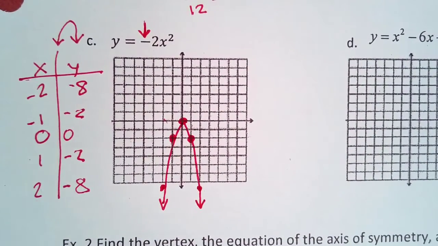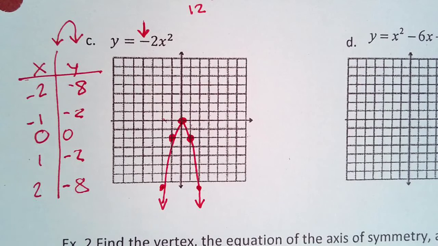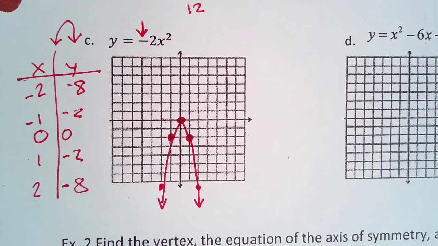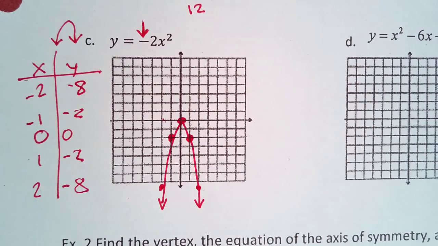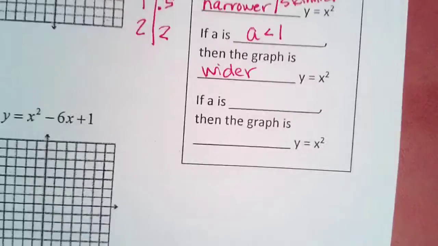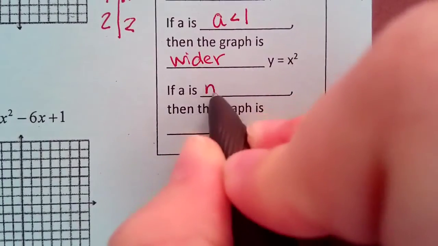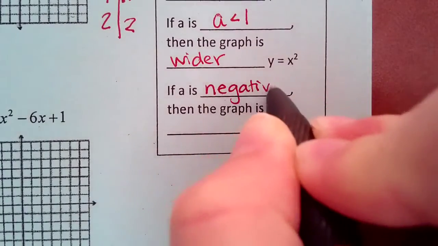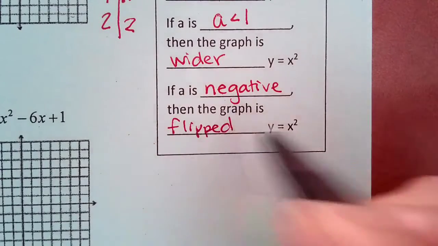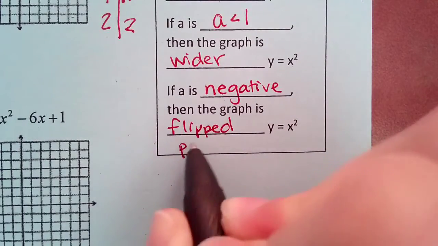So about like that. Say we don't add the arrows at the end, we find it wrong. It's most correct to have the arrows at the end because it does keep going on forever. We're just basically taking a little snapshot of this section of the graph. Okay, so right here it says if A is negative, the graph is flipped, we could say opposite, we could say points down.